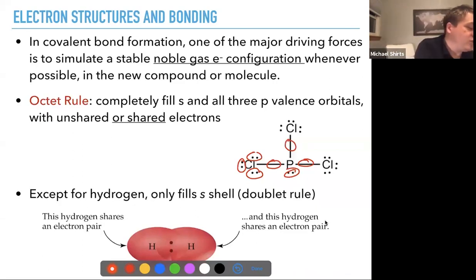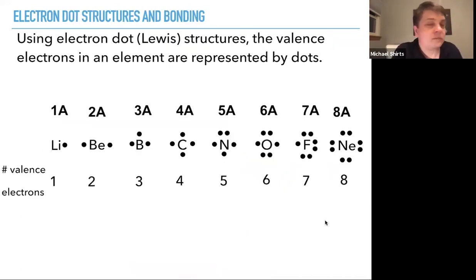You have H2, and H2 is a relatively stable molecule because as it shares those 2 electrons, the entire molecule is stabilized because each is approaching a noble gas configuration.